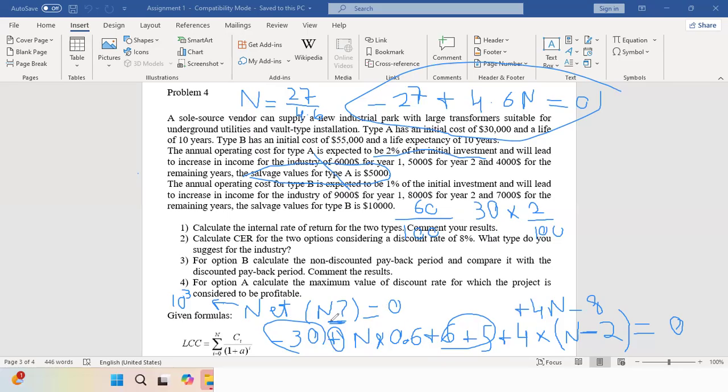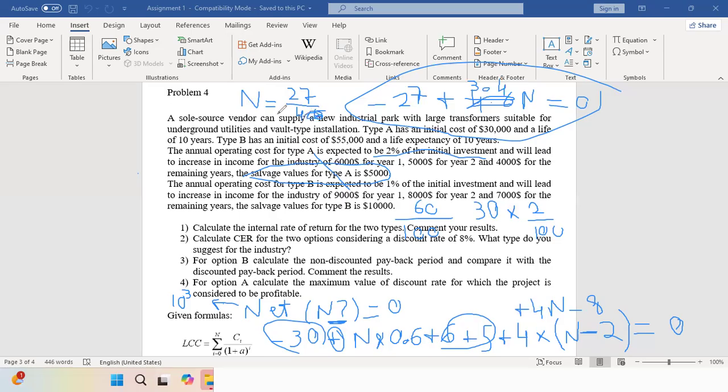So minus 0.6, and then we have 4 minus 0.6, which is 3.4. So N will be equal to 27 over 3.4.